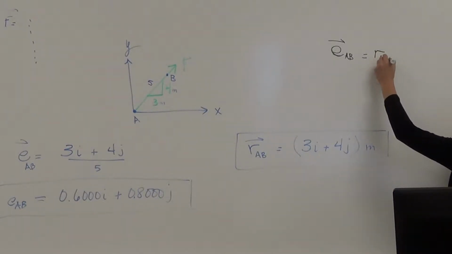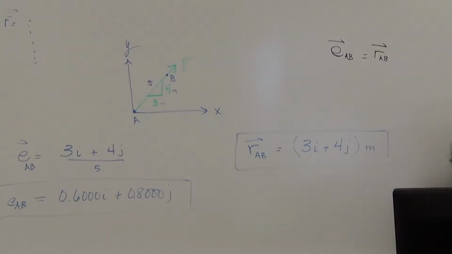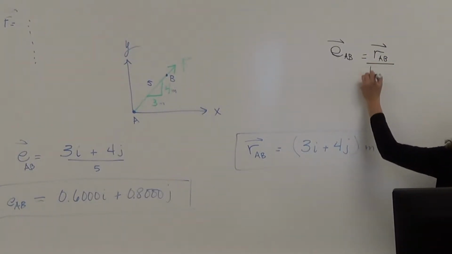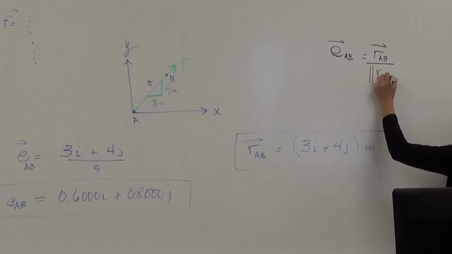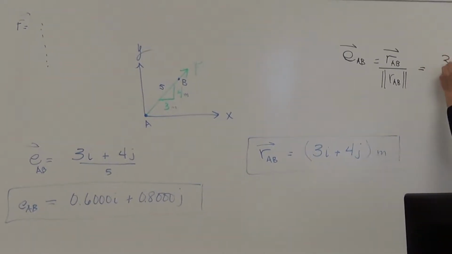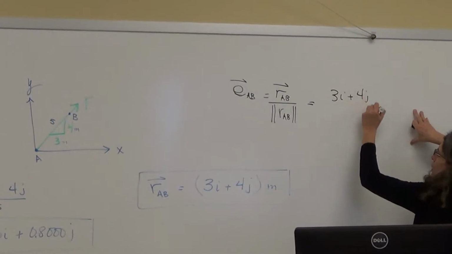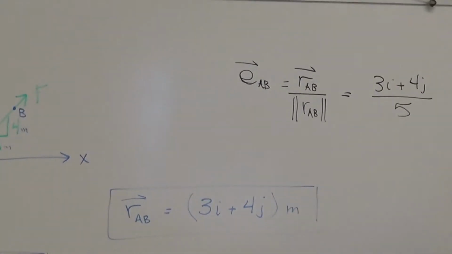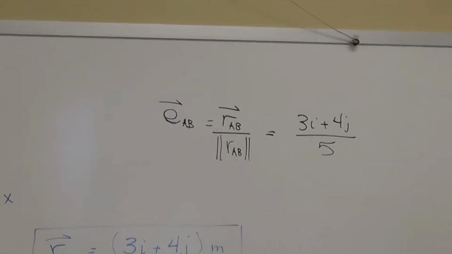Right, so R AB over the magnitude of R AB, which is 5, right? So isn't this true? We said it was 3i plus 4j over 5. It comes out to be the same thing.